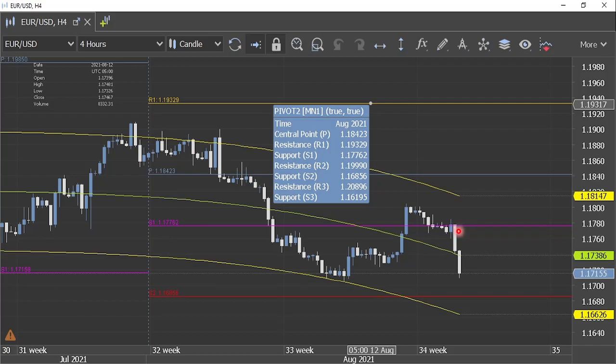And now we have Euro USD approaching the second support of this month's pivot point series. Right now, it is trading fairly close to these consolidation lows, and I am expecting the fall to extend beyond this immediate support zone, and at the minimum we can expect this second support to be tested, if not in today's session then at least in tomorrow's session.